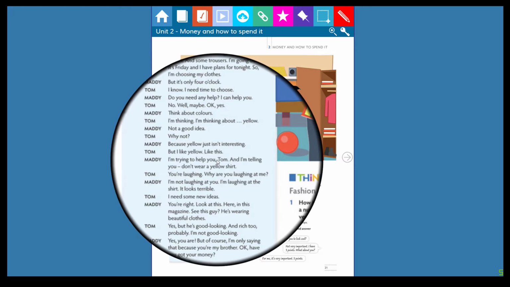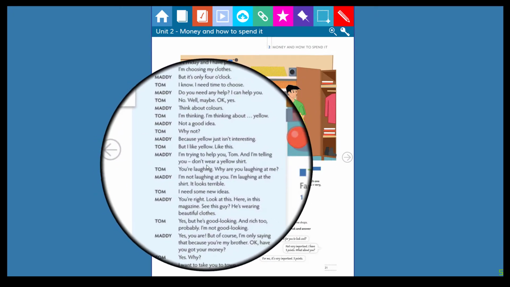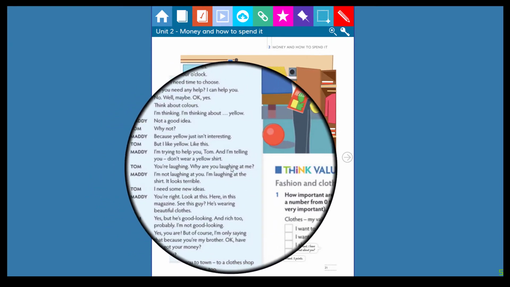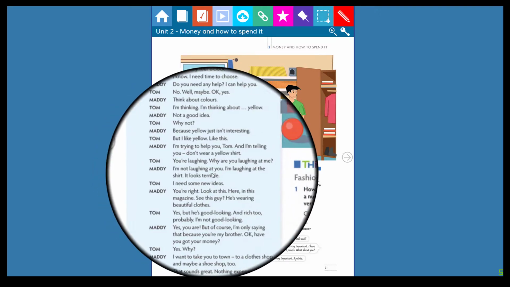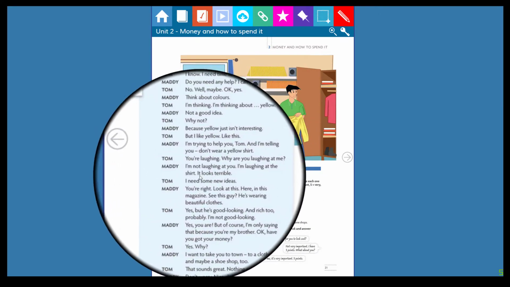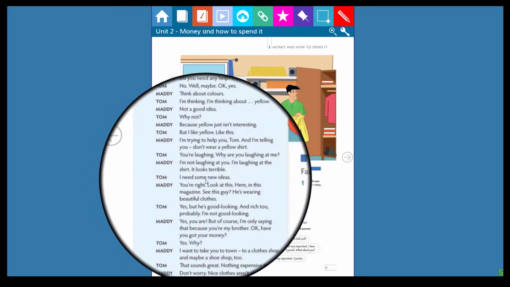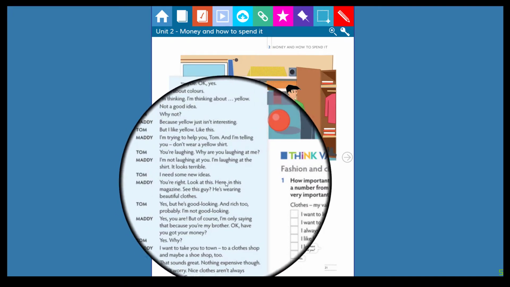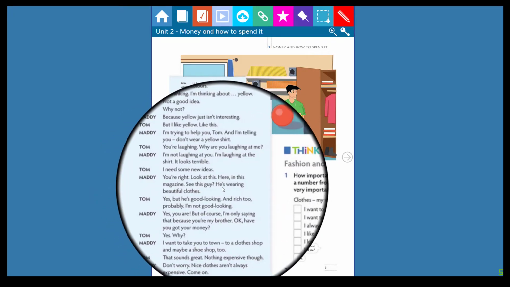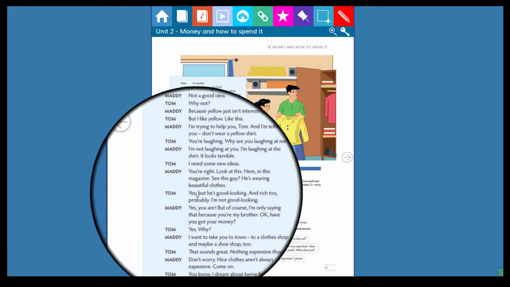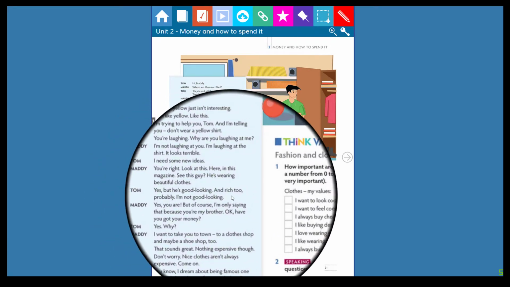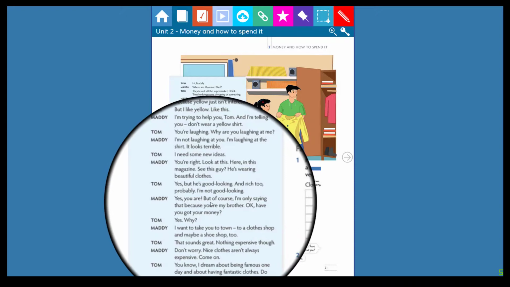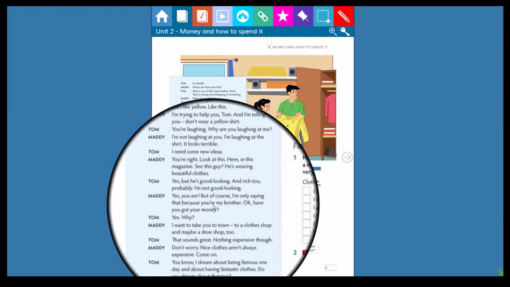I'm trying to help you, Tom. I'm telling you, do not wear a yellow shirt. You're laughing. Why are you laughing at me? I'm not laughing at you. I'm laughing at the shirt. It looks terrible. I need some ideas. You're right. Look at this. Here in this magazine, see this guy? He's wearing beautiful clothes. Yes, but he's good looking and rich too, probably. I'm not good looking. Yes, you are. But of course, I'm only saying that because you're my brother.